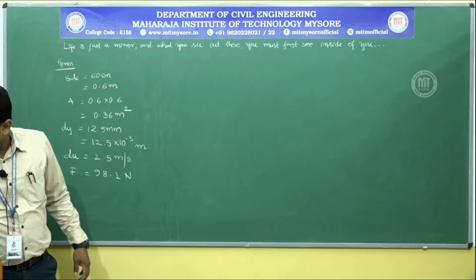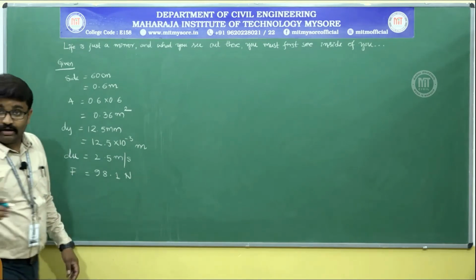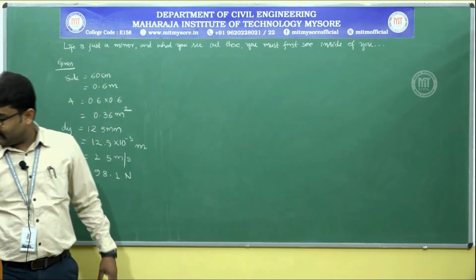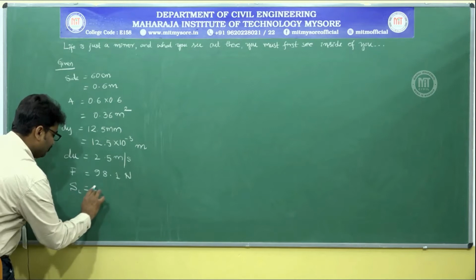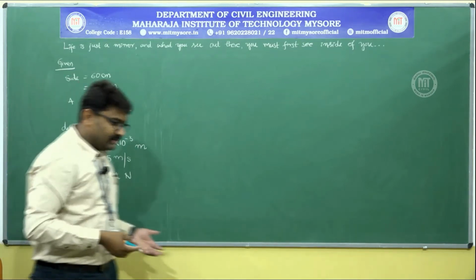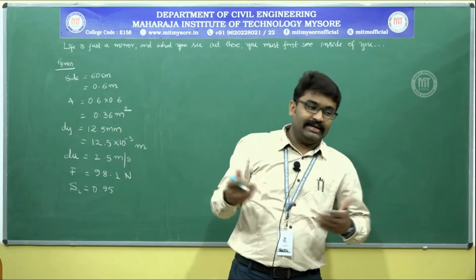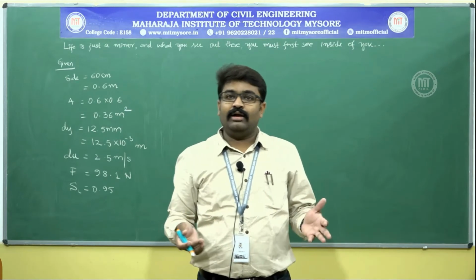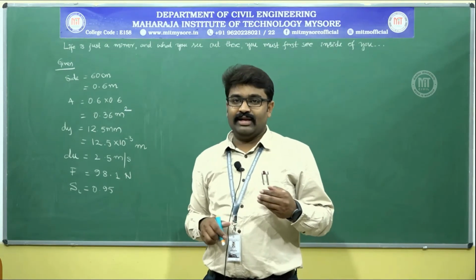And then you have to calculate what is the dynamic viscosity. And at the end of the problem, he says specific gravity of the liquid is 0.95. Once the specific gravity is given, you should think whether the given liquid is denser than water or less dense than water. 0.95 is the specific gravity of the given liquid.